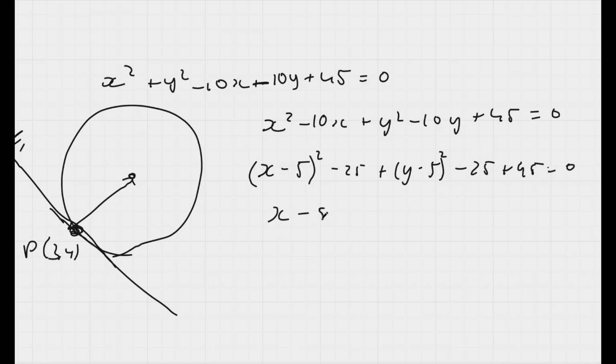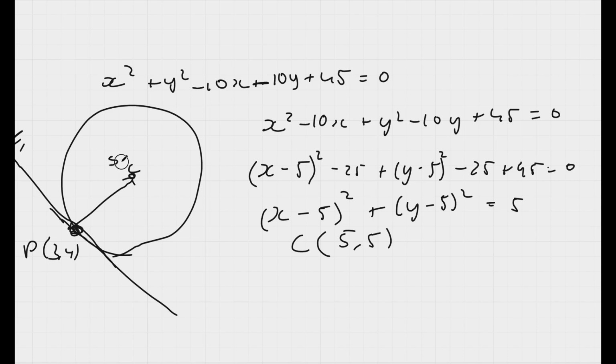That means x minus 5 all squared plus y minus 5 all squared is equal to 5. So that means that the center is 5, 5.